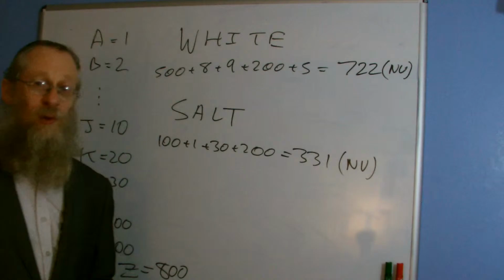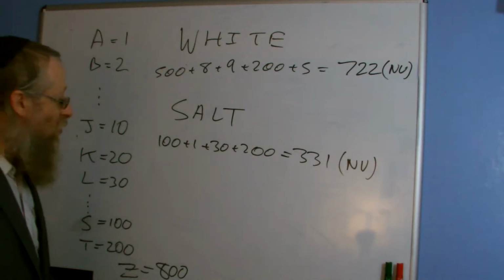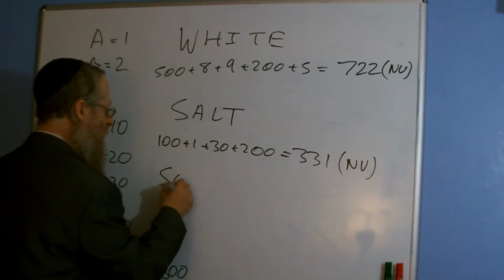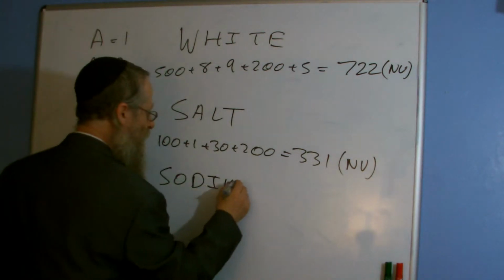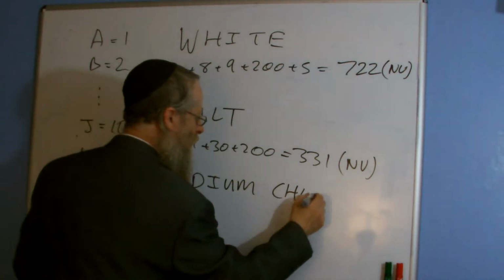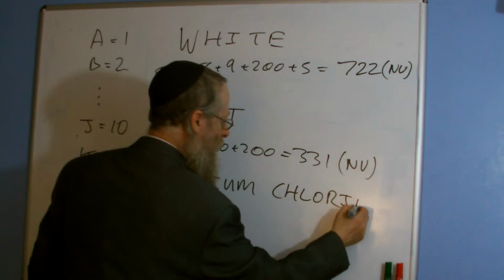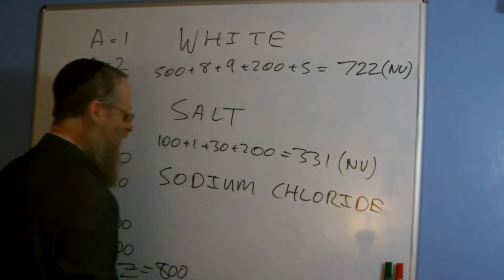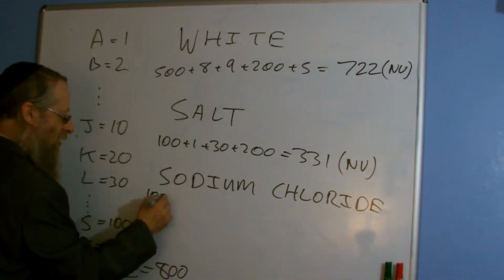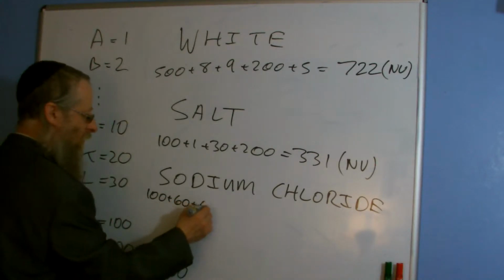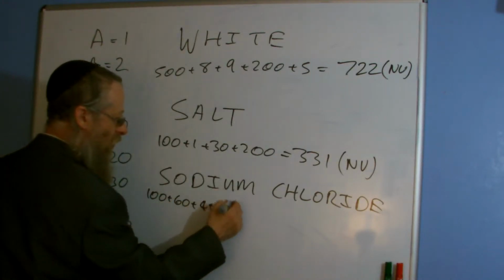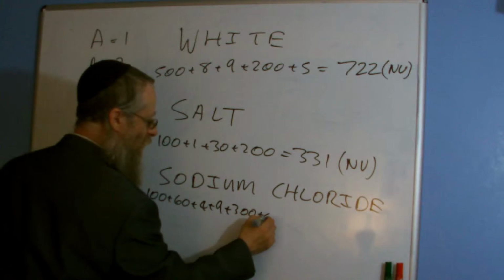But salt has a chemical name. It's called sodium chloride. Now if we use the normal value, S is 100, 60, 4, 9, U is 300, M is 40.